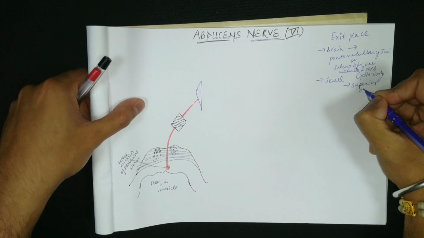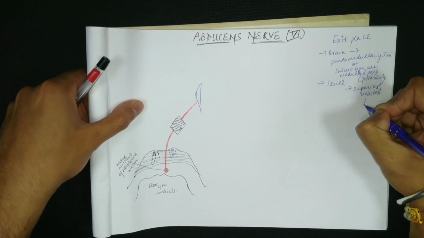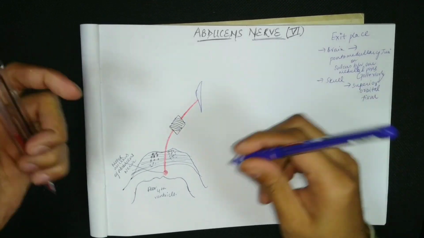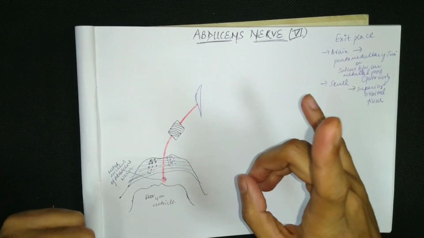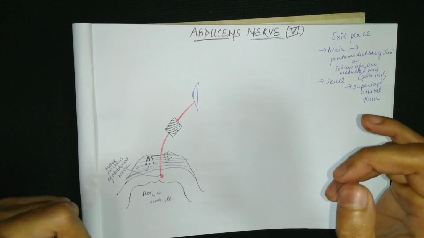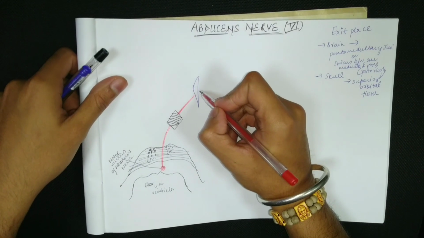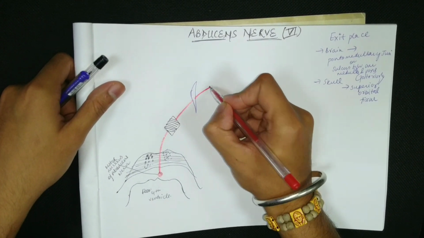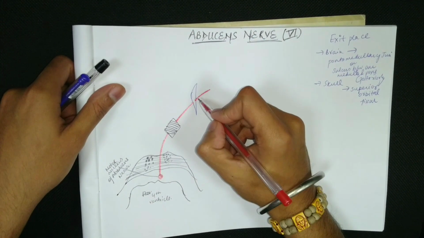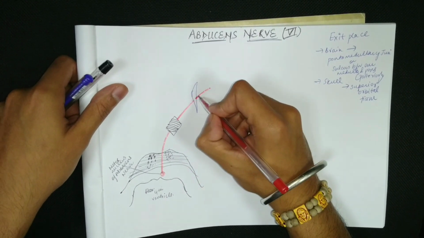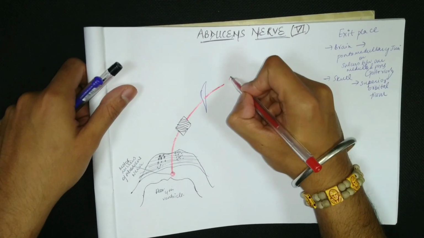It supplies one extraocular, or extrinsic, eye muscle, that is the lateral rectus muscle. After exiting from the superior orbital fissure, it goes to the orbit of our eye.